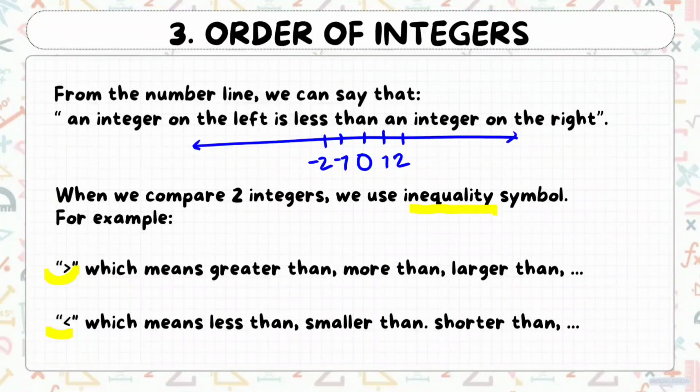For example, what symbol should we put for -4 and -5?